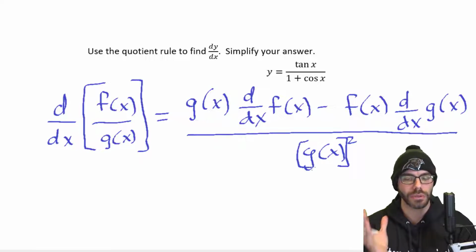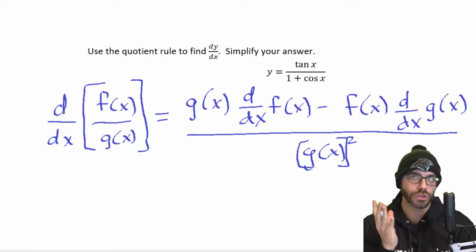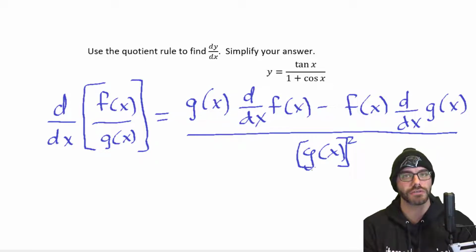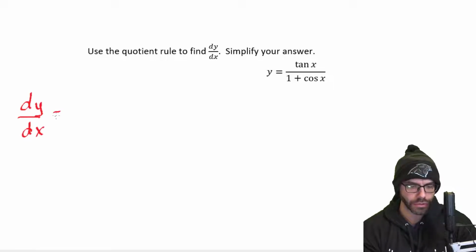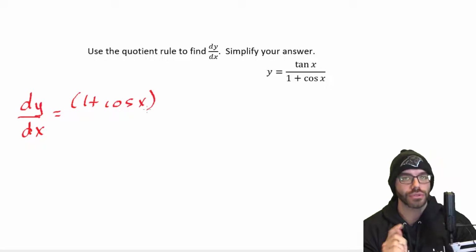Okay, so we need to apply the quotient rule to this function to find the derivative. All right, so let's clean this up and find the derivative. The derivative dy/dx is going to be equal to low, which is 1 plus cosine x, times the derivative of the high.